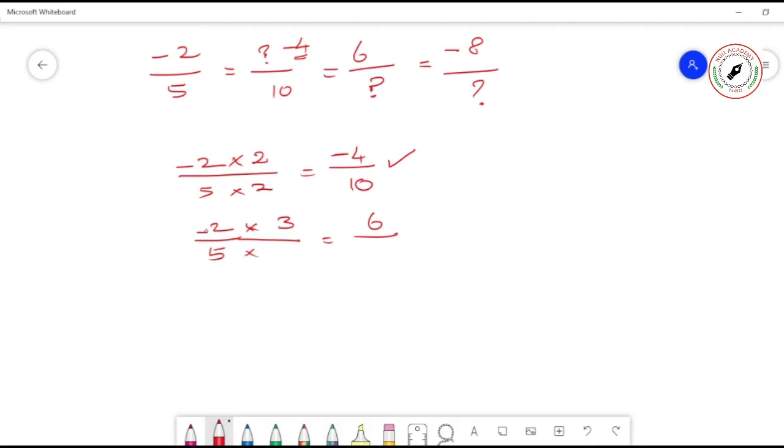Since you have minus, you put another minus here. Then it will become plus. Okay. Here also minus 3. Correct? Here also minus 3. So 3 fives are 15. Minus and minus. Correct? So here you need minus 15. Here you get minus 15. Correct? This is the second one.